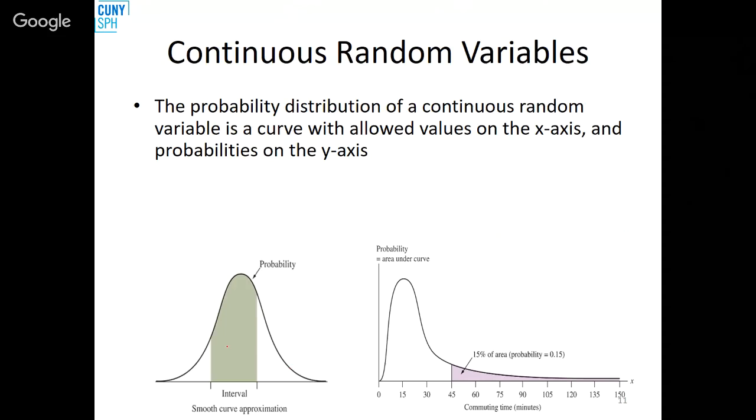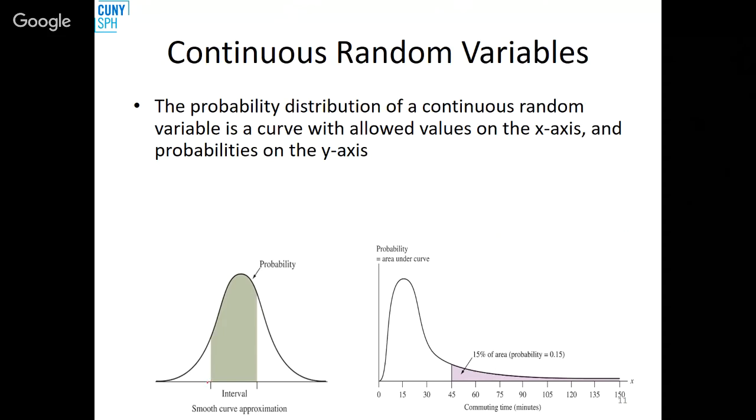But what's less important than the actual height is the area under this curve between two possible values along an interval. A probability density curve is useful if you want to estimate the probability of an outcome that is between two limits, like this interval here.